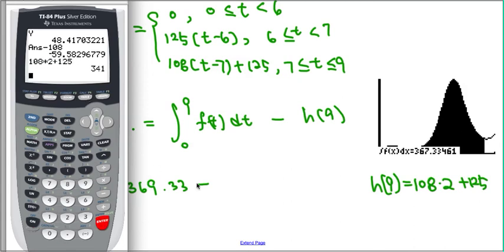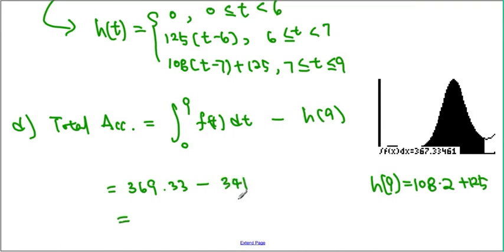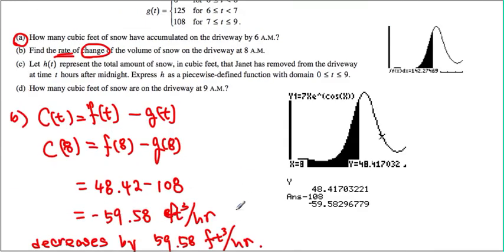Then we end up getting 341. So our final answer here becomes 341. Then once you subtract them, we end up getting 28.33 cubic feet left. That becomes our answer. Alright, great.